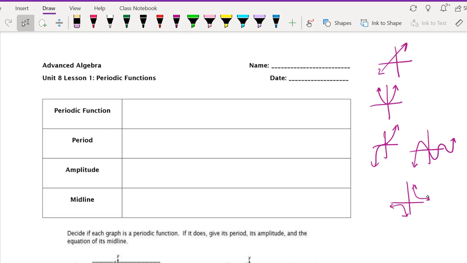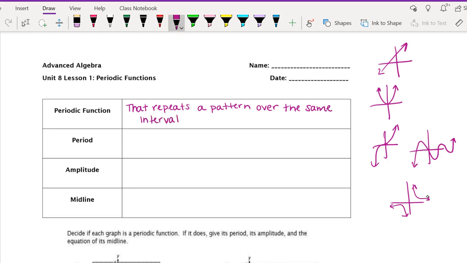In our last unit, we're going to talk about a function called a periodic function. And a periodic function is a function that repeats a pattern over the same interval. Okay, so we are looking for repeating patterns.